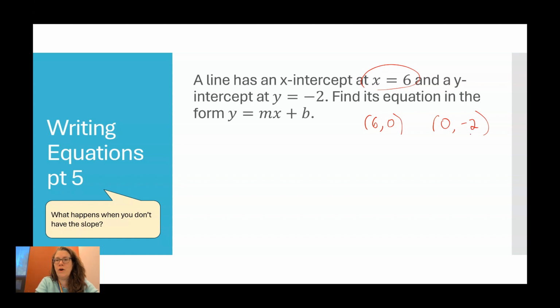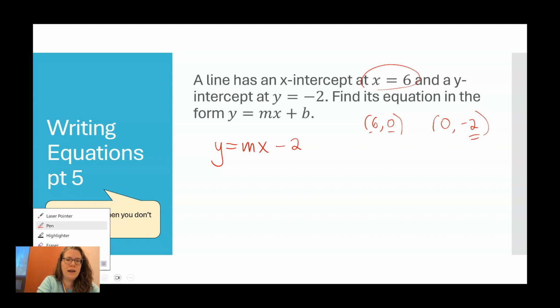I already know my y-intercept. Fantastic. So if I was writing y = mx + b, I could put in -2 right here. And then I could plug in 6 for x and 0 for y, and see what happens to find out what our m should be.